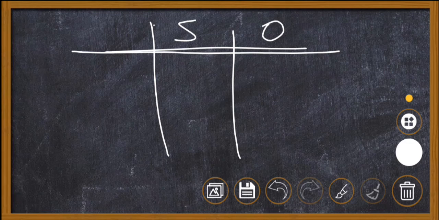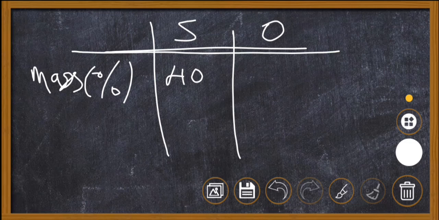In this case, we have been given the percentages, so the mass given is in percentage. Here we have to write the mass that is being given. For sulfur we have 40, and for oxygen we have 59.95.